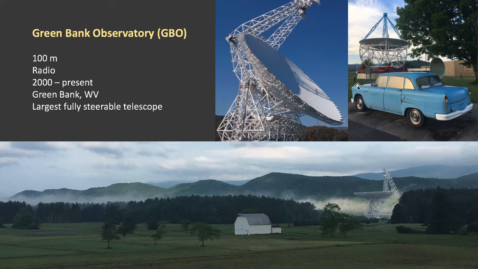And so this telescope is in the mountains of West Virginia in an area that is restricted radio signal. It's a radio-free zone. And in fact, when you're on the campus, you can use your phones, but there's a fence set up, and you can't go beyond that fence with your phones.